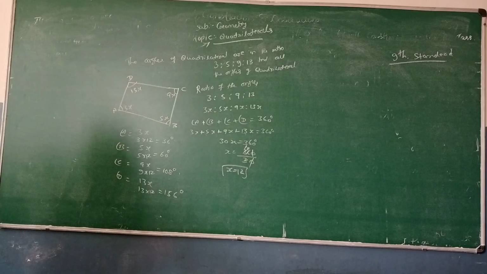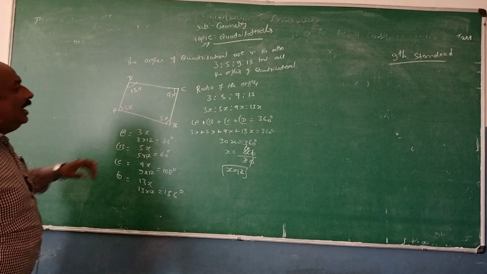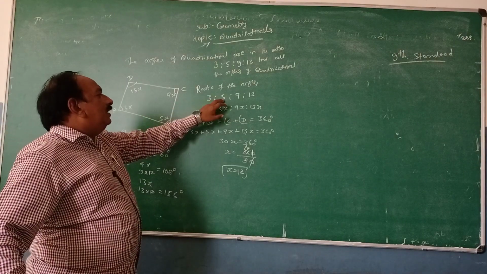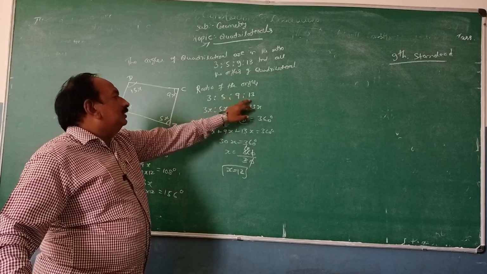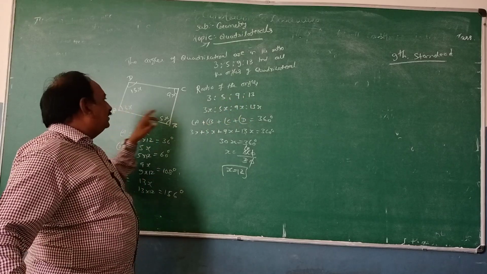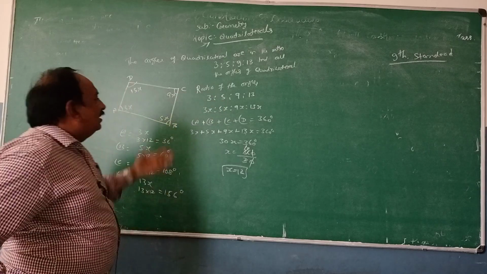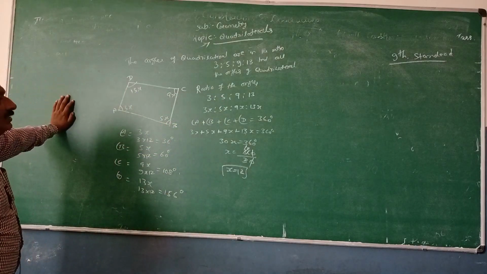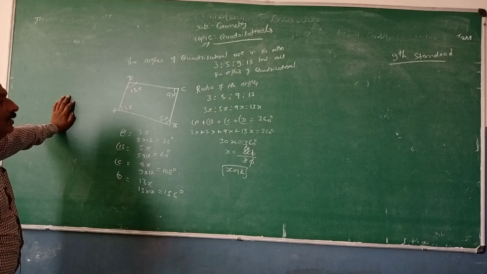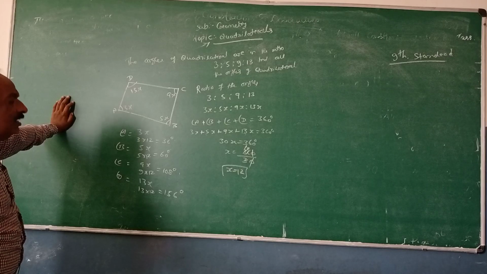The angles of the quadrilateral are in the ratio 3:5:9:13. Find all the angles of the quadrilateral. A is 3x, B 5x, C 9x, D 13x. That is, 3x plus 5x plus 9x plus 13x is equal to 360 degrees.